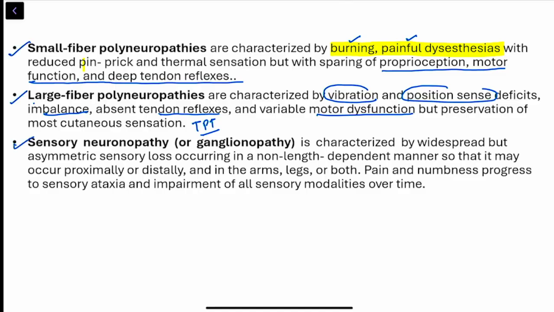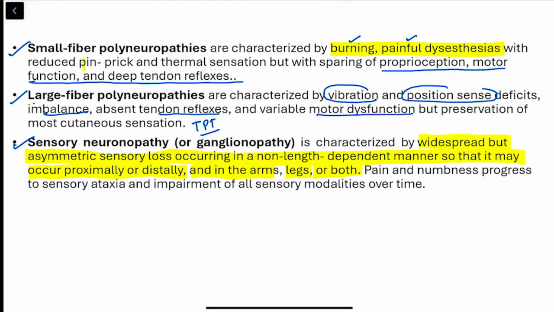Then sensory neuronopathy or ganglionopathy. If the ganglion is involved, it will give rise to widespread but asymmetric sensory loss occurring in a non-length dependent manner, so that it may occur proximally, it may occur distally, in the arms, in the legs, or even in the trunk.